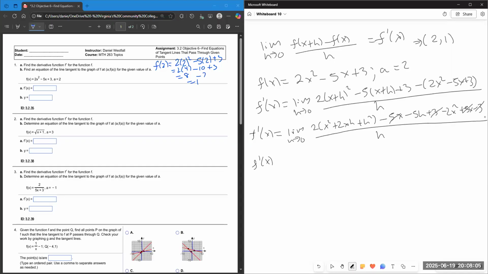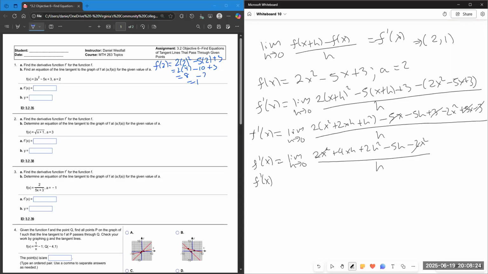F prime of x equals limit as h goes to 0, 2x squared plus 4xh plus 2h squared minus 5h minus 2x squared over h. Negative 2x squared, positive 2x squared makes 0.